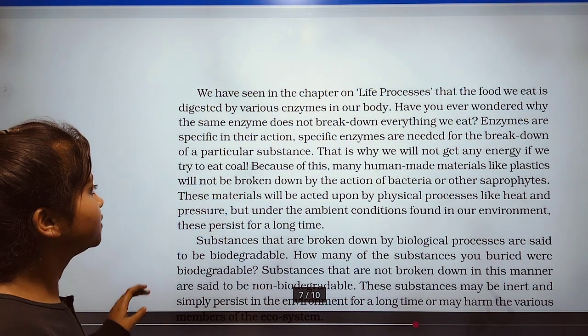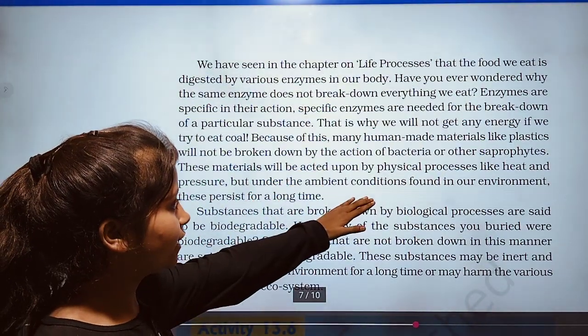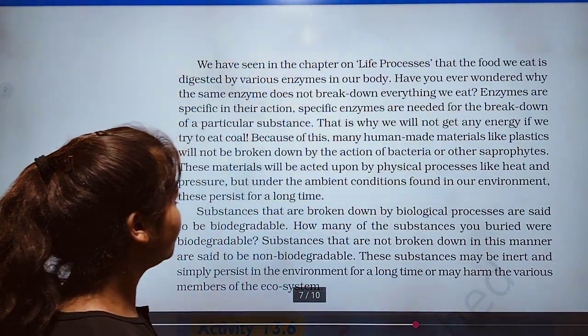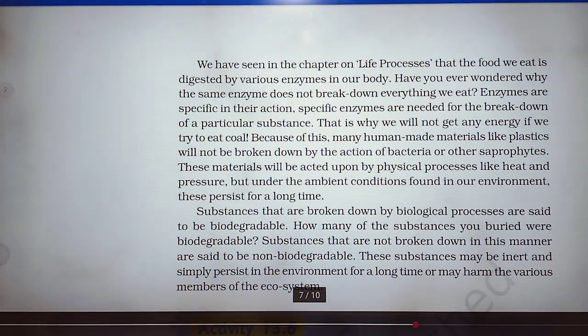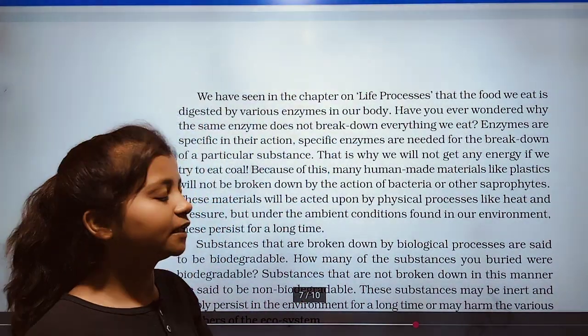In the same way, the action of bacteria or other saprophytes cannot break down human-made materials like plastic.